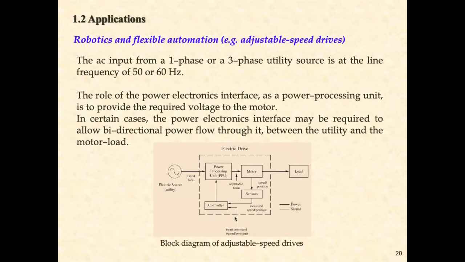And then we usually have sensors that feed the signal back to the controller, and then do adjustment again. So this is a closed loop. And then the motor, of course, drives the load. So here we can use the power electronics interface to do the AC to DC conversion.